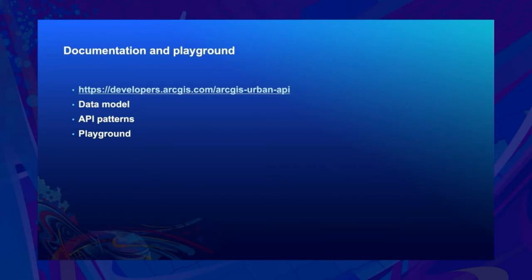If you'd like to start trying the Urban API, we have a documentation page and a playground where you can learn about the Urban data model, you can learn about API patterns, and you can use the playground to try queries and play around with the API.